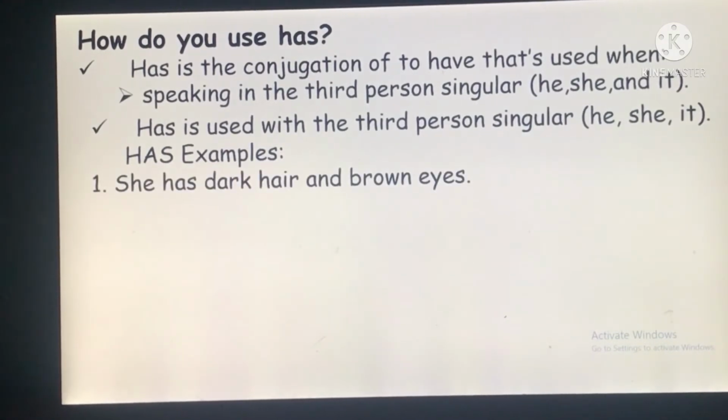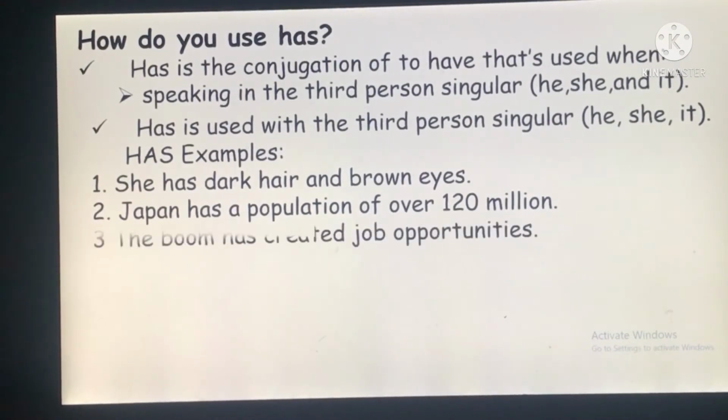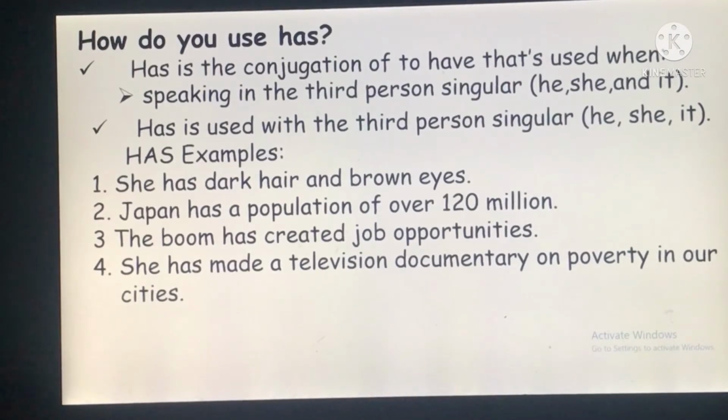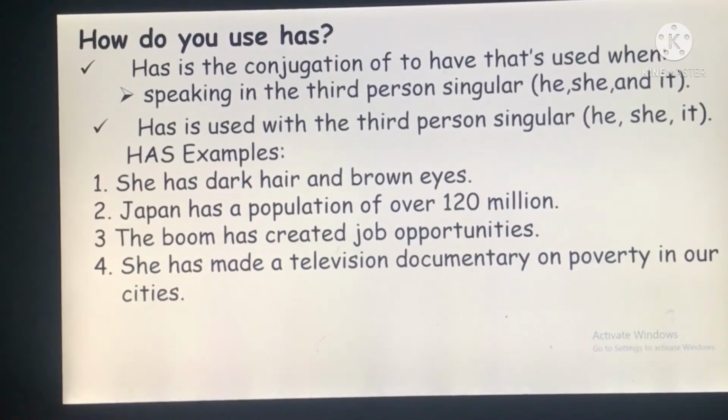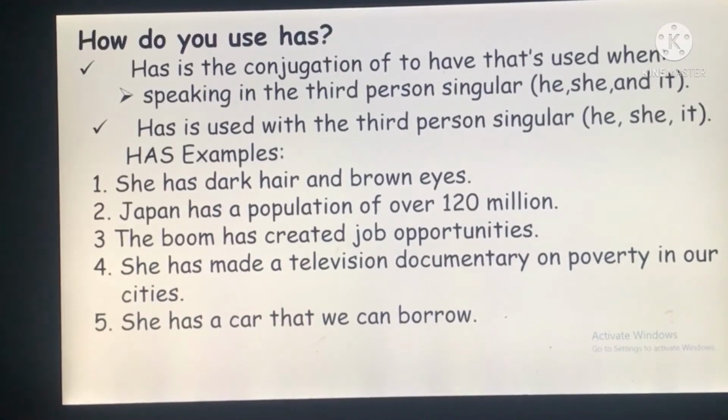She has dark hair and brown eyes. Japan has a population of over 120 million. The boom has created job opportunities. She has made a television documentary on poverty in our cities. She has a car that we can borrow.